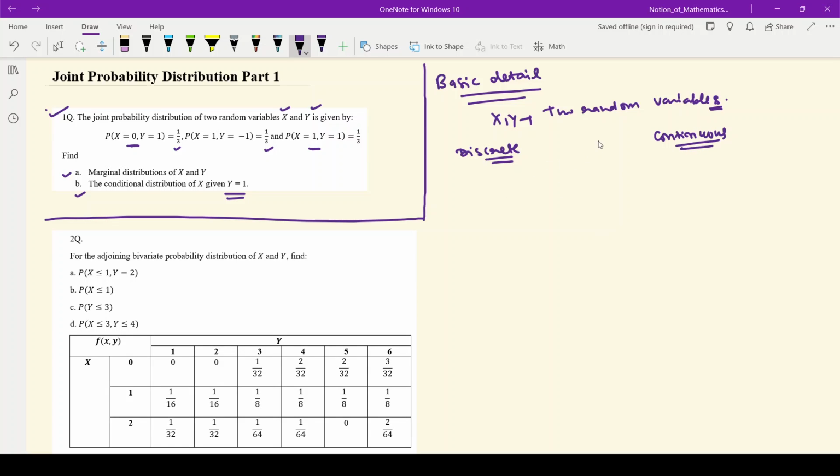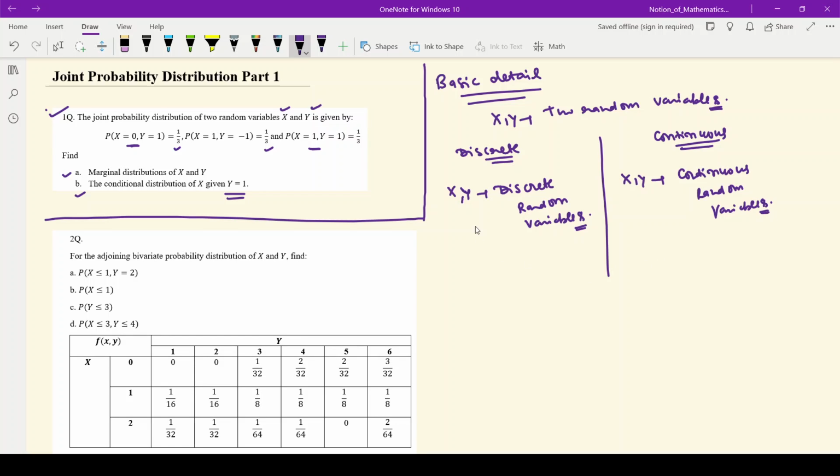Whenever we are dealing with the discrete approach, x and y will be considered discrete random variables, and whenever we are discussing the continuous aspect, x and y are known as continuous random variables.